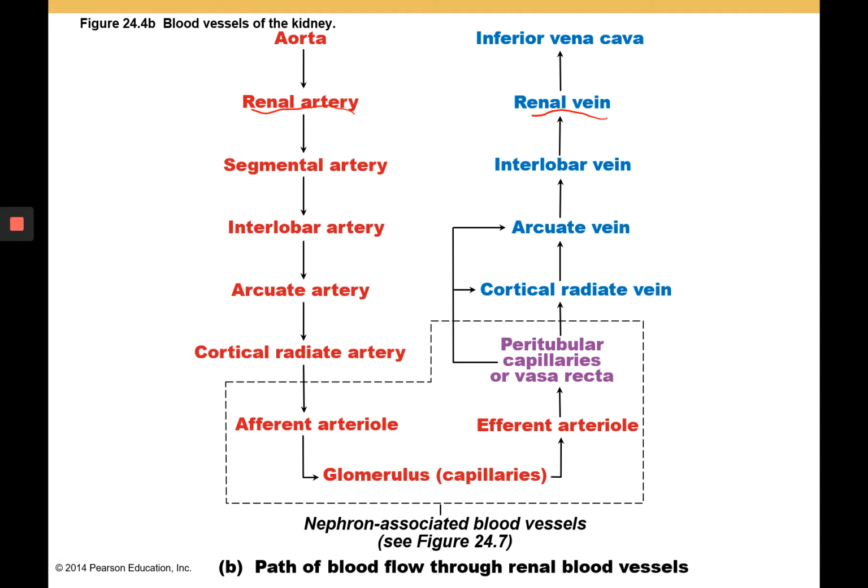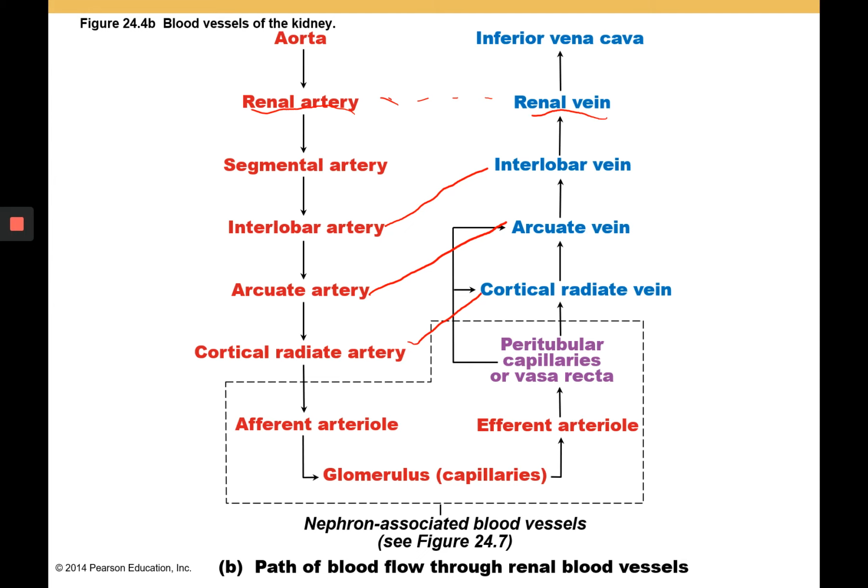After the microscopic structures, blood's going to flow into a cortical radiate vein, then an arcuate vein, then an interlobar vein. Remember, we skipped the segmental because there's no segmental vein. After the interlobar vein, blood's going to flow into a renal vessel. Here it's the renal vein instead of the renal artery. So slightly similar there. We'll do a dotted line.